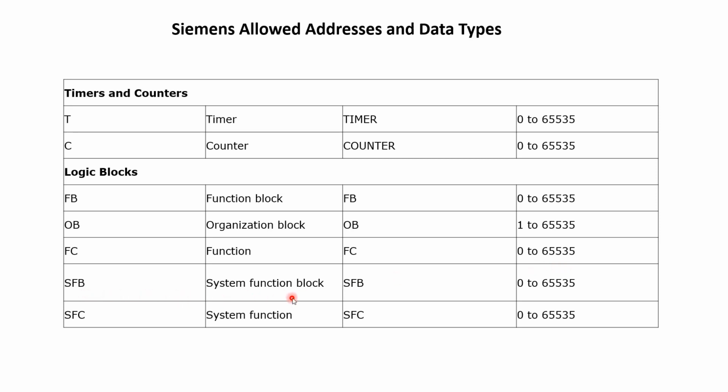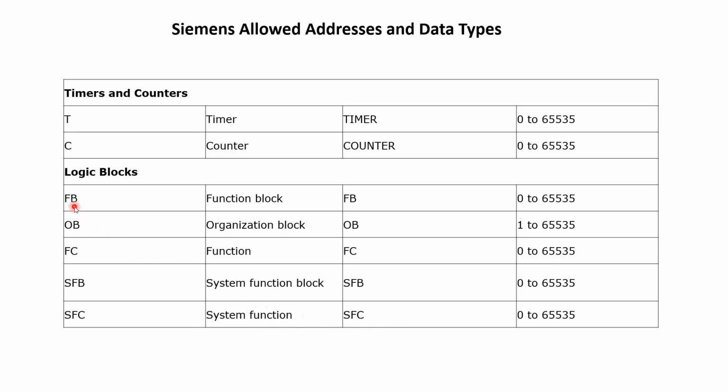SFBs, these are system function blocks. They are given to us by Siemens. You can also write a program if you want from 0 to 65535. Again, these are SFBs. SFCs are system functions. Again, they are available. They are given to us by Siemens.